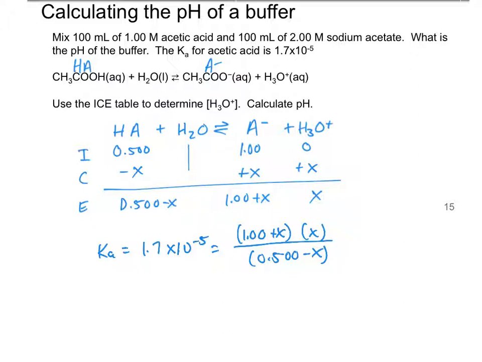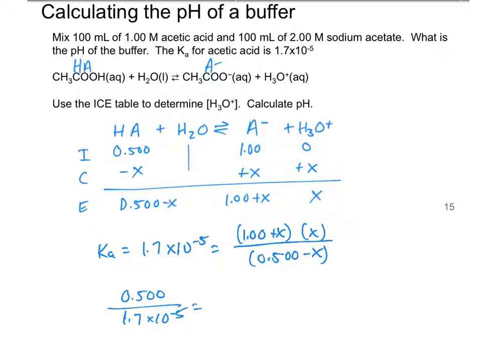Here, can we assume that X is small compared to 0.5 and 1? Let's look at how our 0.5 initial concentration divided by our Ka turns out. If this will allow us to assume that X is small, then the initial concentration of 1 will surely let us assume that X is small.